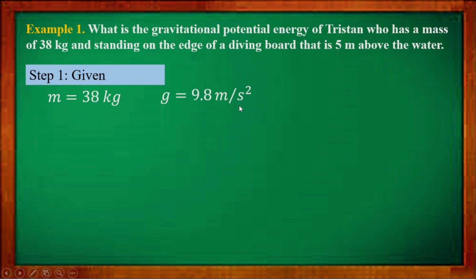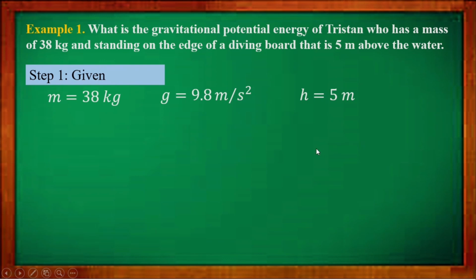So in all our problems, the value of G is always 9.8 meters per second squared. Another one is H, or height. The value of H, given this problem, is 5 meters as the height above the water.